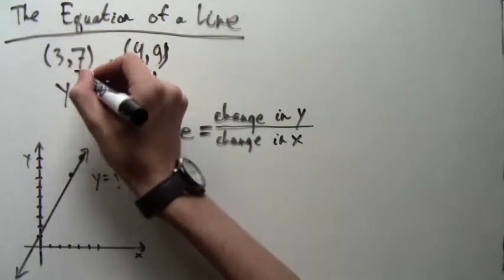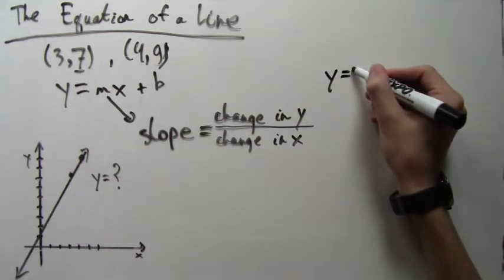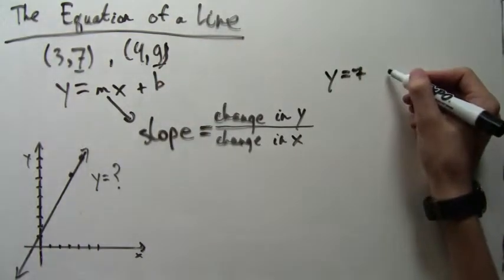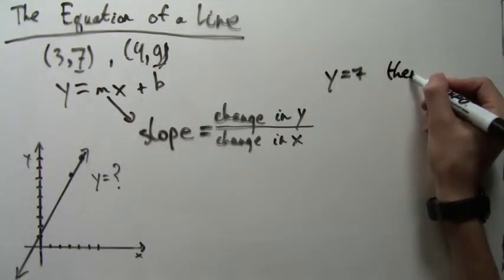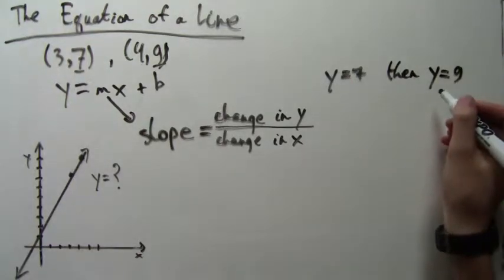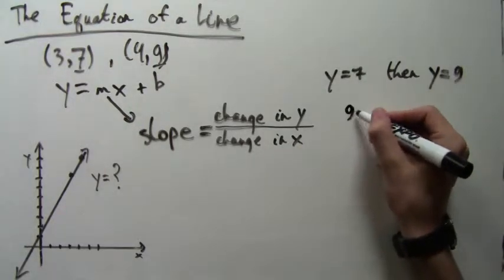So first, y equals 7. Then, in the next point, the y-coordinate becomes 9. So then y equals 9. That means the change in y is 9 minus 7.